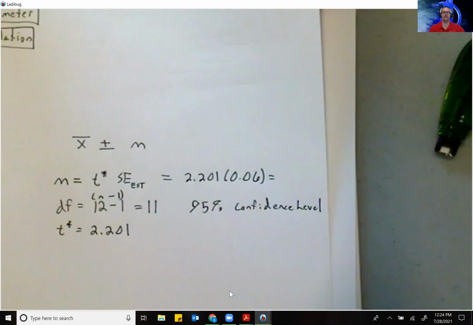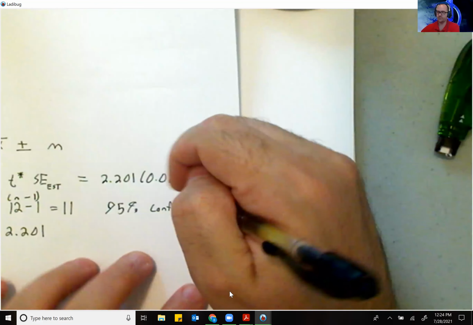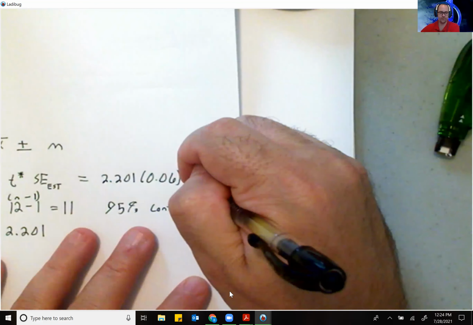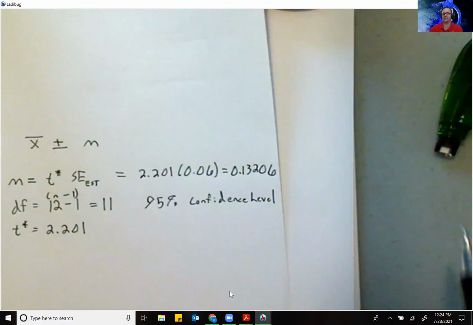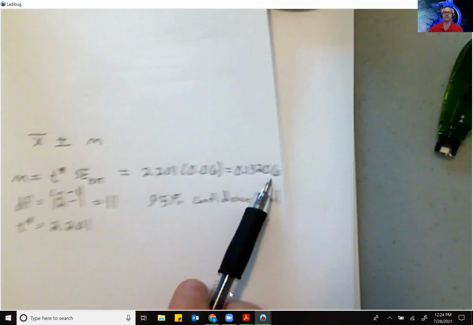Do not round it. 0.13206. So this is the M value we're going to add or subtract to our mean.